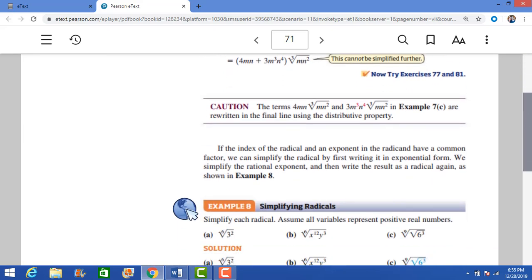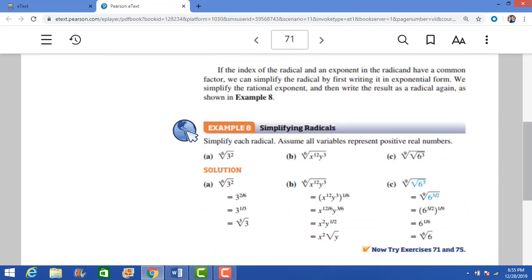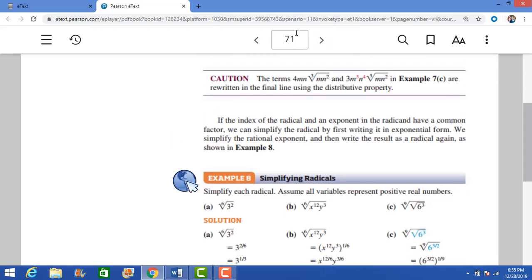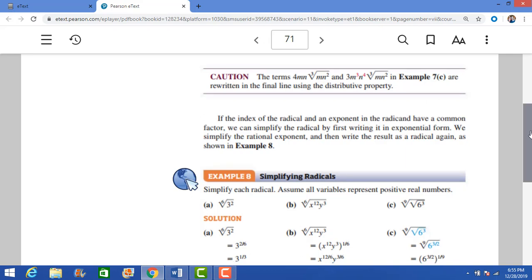Now, again, be careful with this. In this case, this term and this term in 7c are rewritten in the final form using the distributive property.